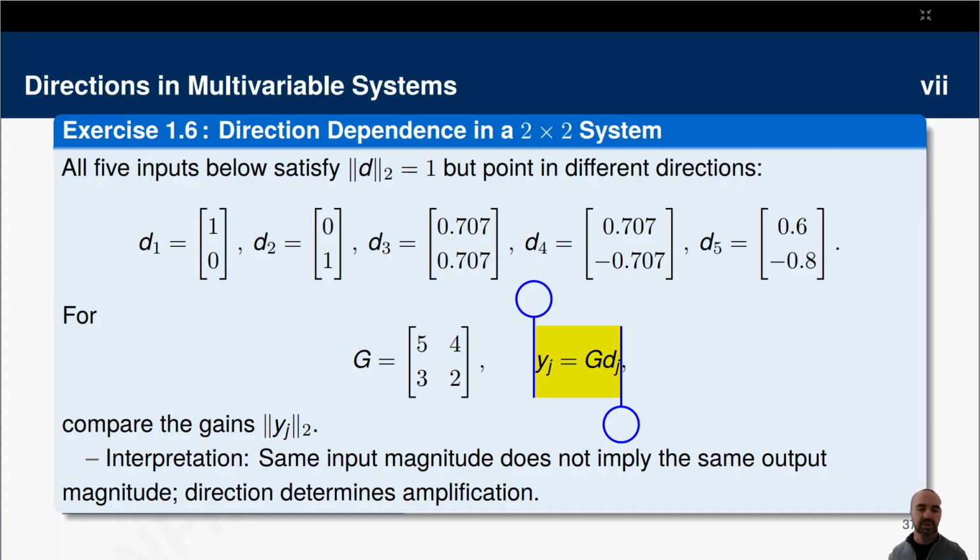Before you do a computation, think about the physical interpretation of that. This is the whole reason behind this exercise: to see why singular values matter, to summarize the best and worst case scenarios.